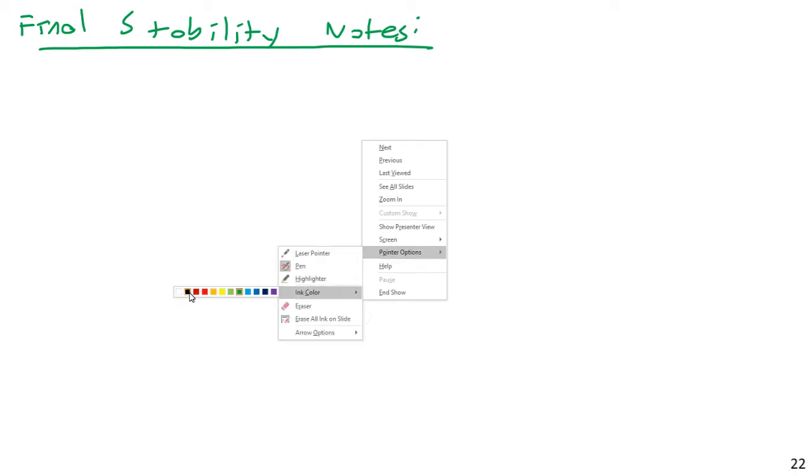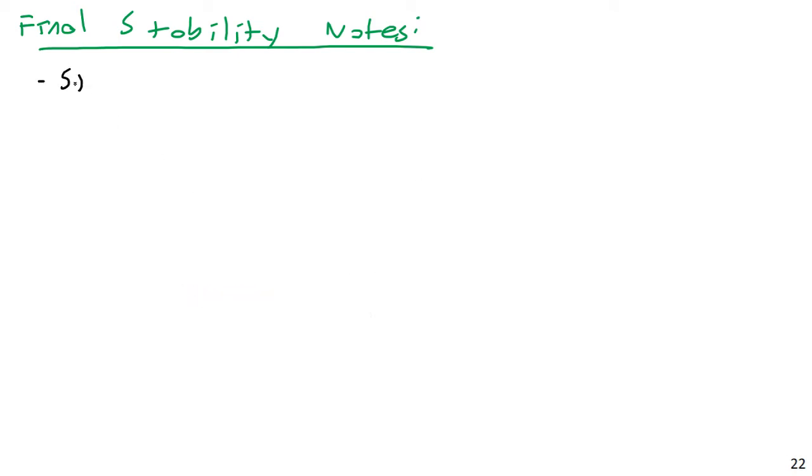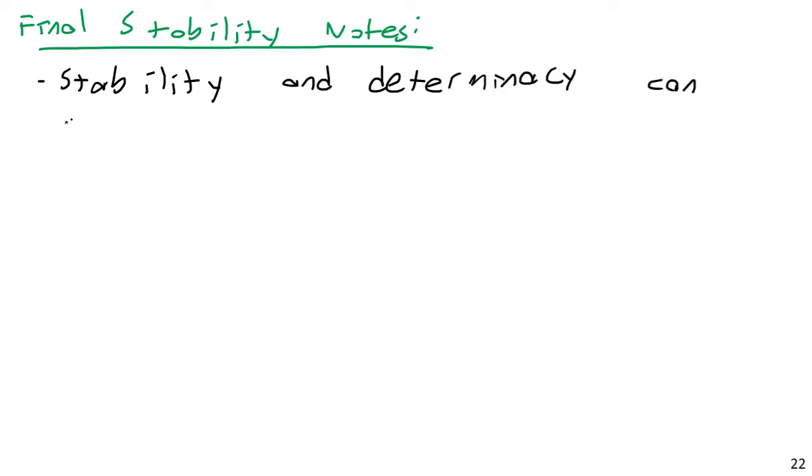Stability and determinacy can exist in any combination. Now, very often, statically indeterminate frames are going to be stable. That's fairly typical. But you can have any combination you like, just depending on how the frame is laid out.